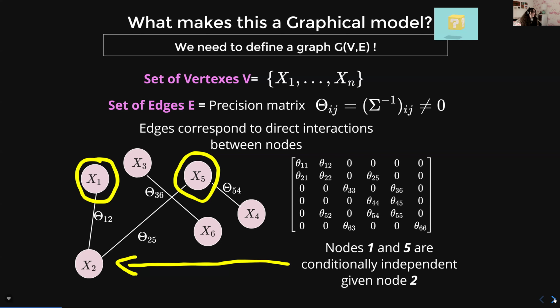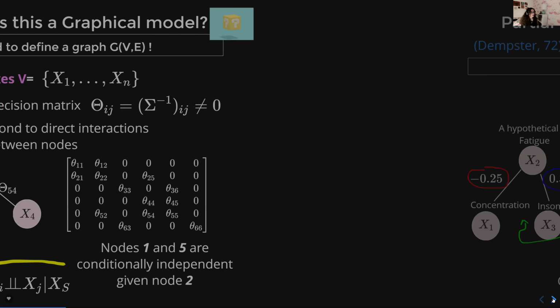So if we condition on x2, those are independent. And this is the Markov property. And this is what happens here in this matrix, that we see there's a 0 in the element 1, 5, for example. Okay, and that's the concept that we're going to stick to.